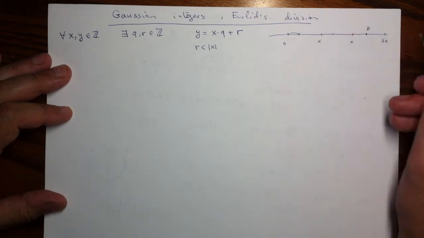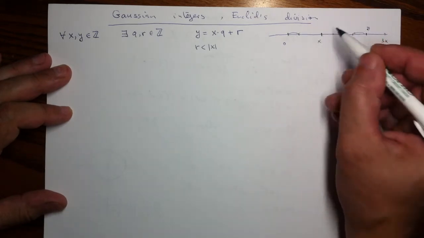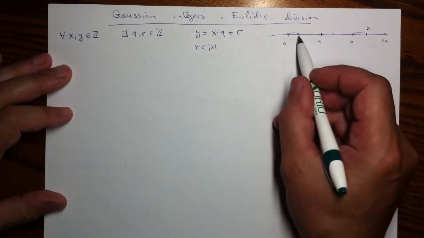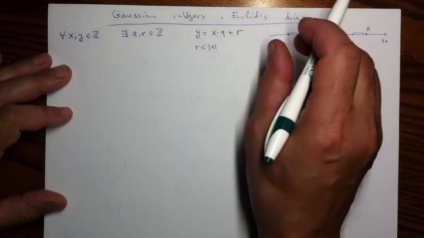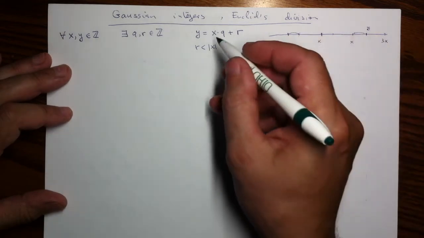So that is our remainder. Well, it's also here, but if we want to place it in the controlled region between 0 and x, that will be it. That will be just transporting it by shifts, by copies of x, either left or right, depending on what y is.